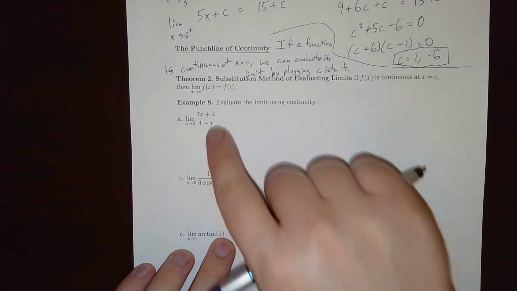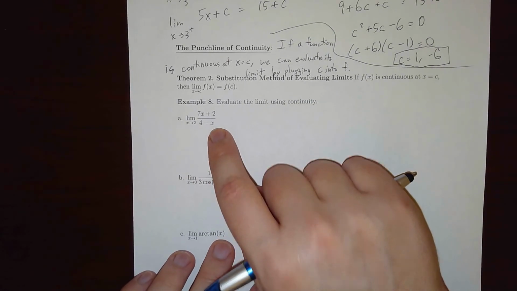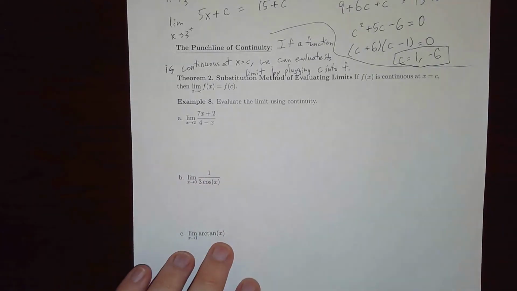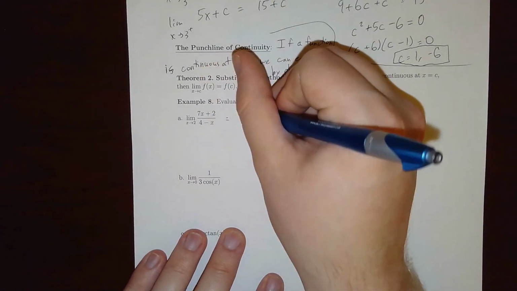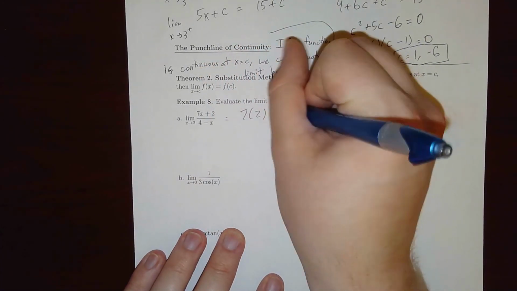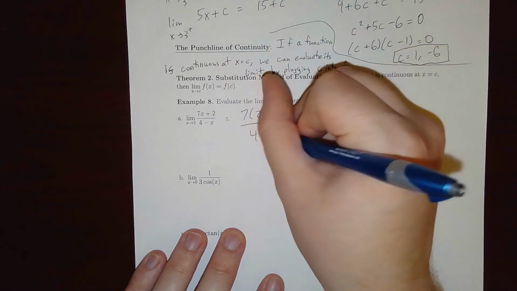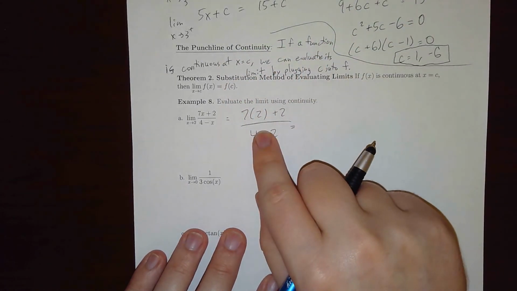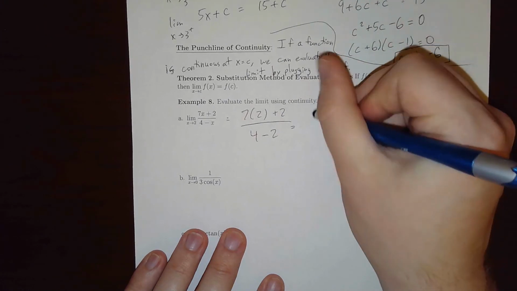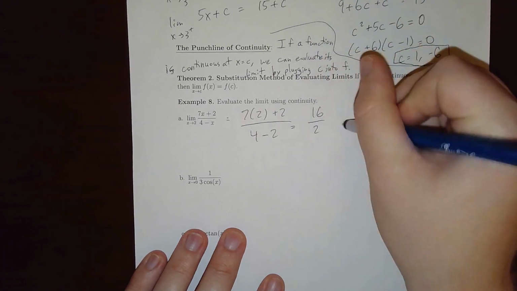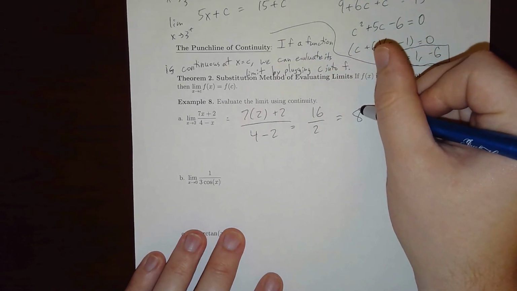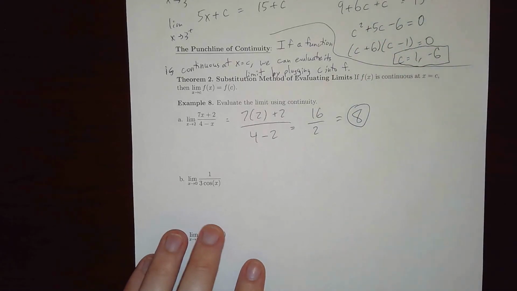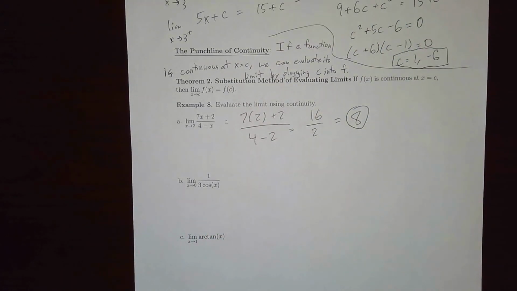Since this is continuous at x equals 2, we can just plug in the 2. So we'll get 7 times 2 plus 2 divided by 4 minus 2. 7 times 2 is 14, plus 2 is 16, 4 minus 2 is 2, and so the limit as x approaches 2 of this function is 8.